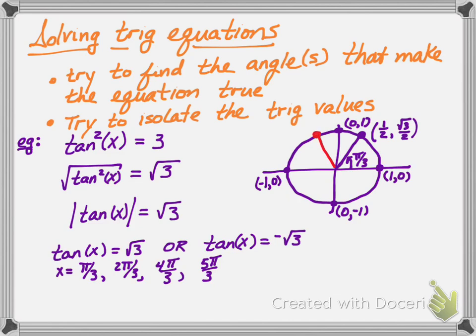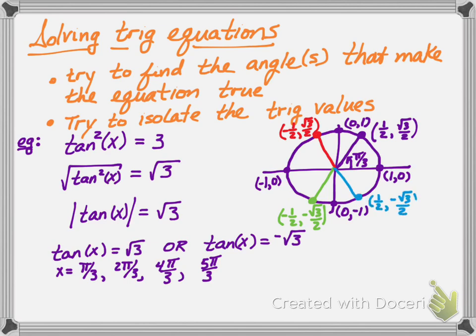And then the other places have points that are similar. In the second quadrant is where the angle is 2 pi over 3, and that's the point negative 1/2 comma square root of 3 over 2, and that has a tangent value equal to negative square root of 3. Over in the third quadrant, we have both x and y being negative, and so tangent is positive square root of 3.